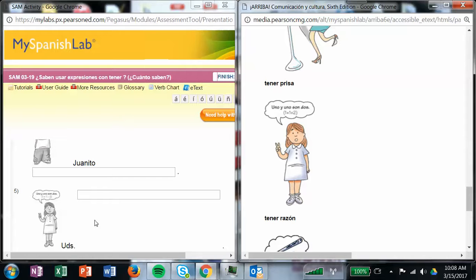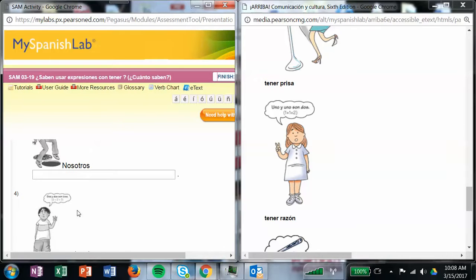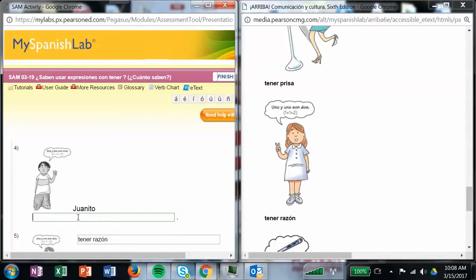That is tener razón, which is to be correct. So I'm going to put tener razón here. Now Juanito says 2 and 2 are 3. That's not correct. So I'm just going to put no tener razón, meaning he's not right. So when he's not right, you're just going to plug in a no in front of the verb.